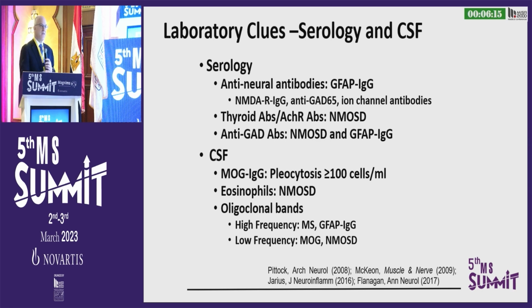In the CSF, pleocytosis is generally higher for MOGAD than in other conditions, and eosinophils in the CSF can be a prominent sign of NMOSD. Oligoclonal bands, while high in MS and in GFAP, are low in MOG and in NMOSD-related optic neuritis. So the CSF can be helpful indirectly as well.